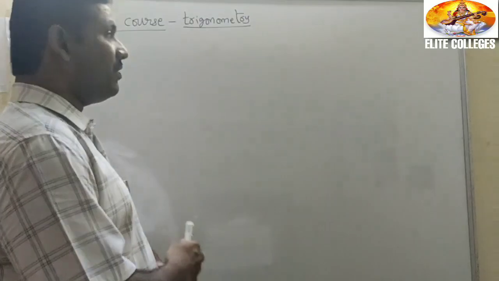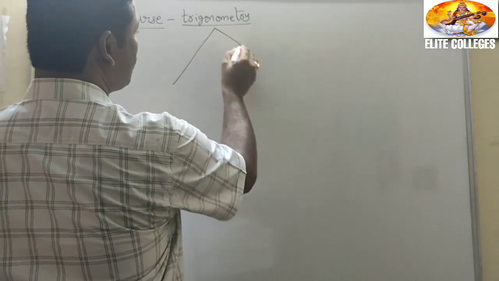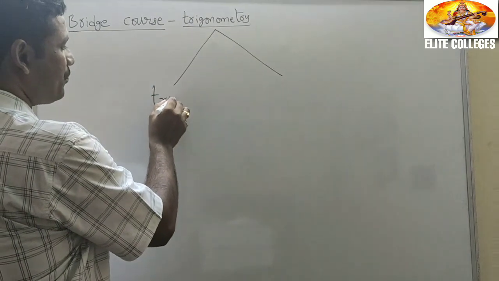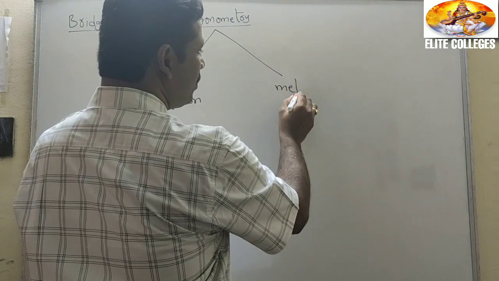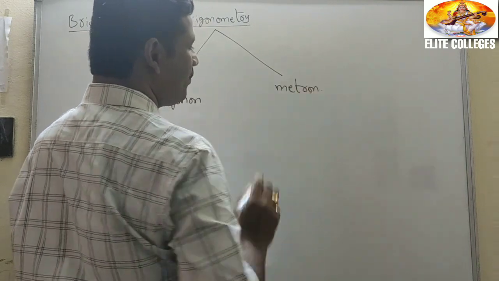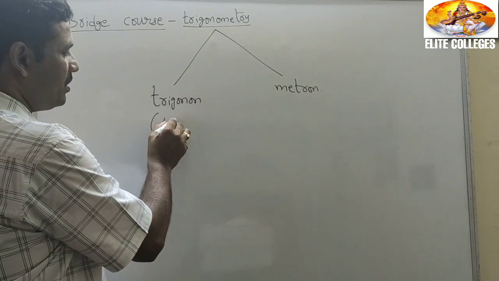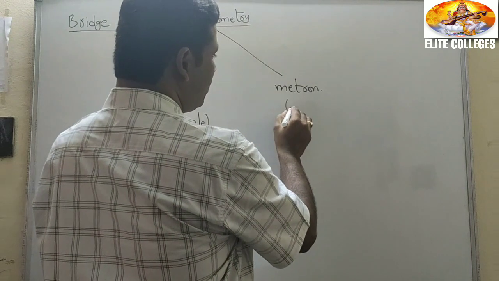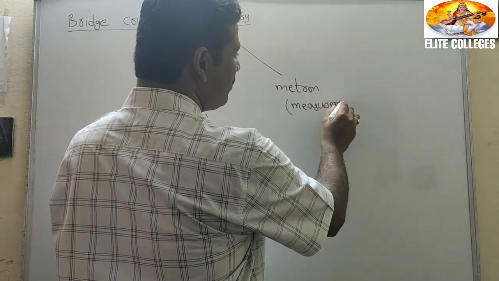Trigonometry is a word derived from two Greek words, trigonon and metron. Trigonon means triangle. Metron means measurement.